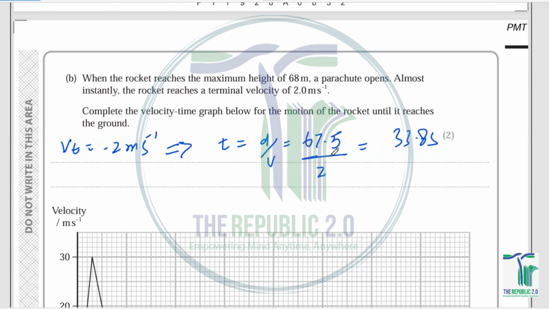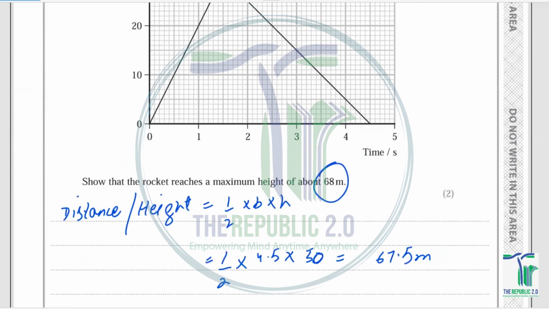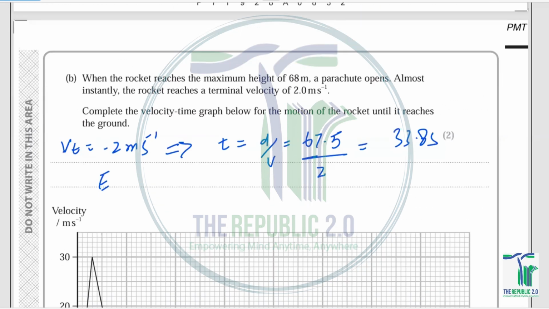And it also has to cover the height in 4.5 seconds. You can see that over here. So the total time it's going to take would be 33.8 plus 4.5, and that's going to be 38.3.